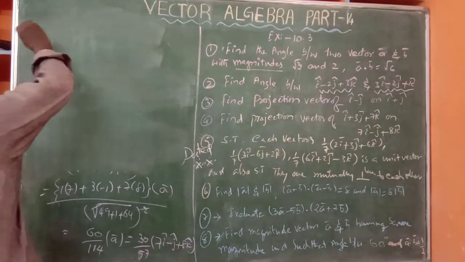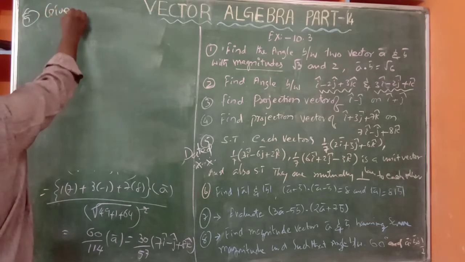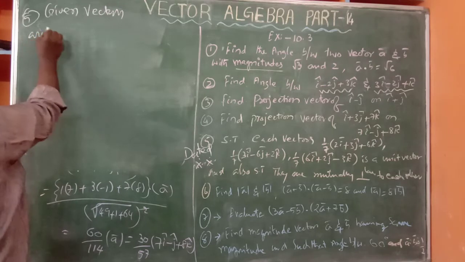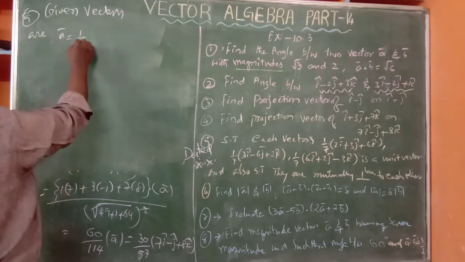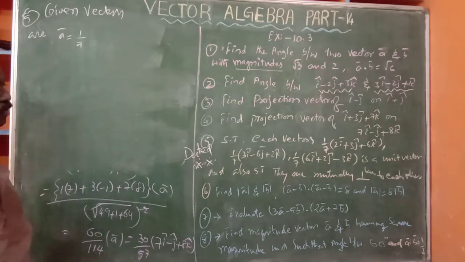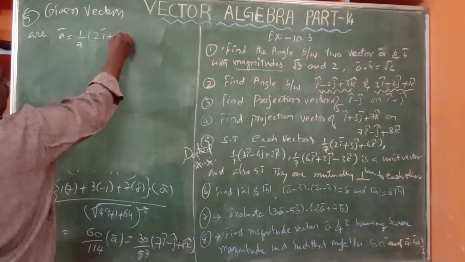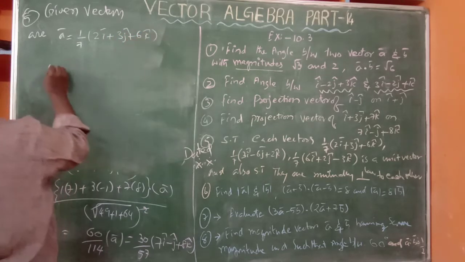First we find, given vectors are, assume A bar is 1 by 7 into 2i plus 3j plus 6k.